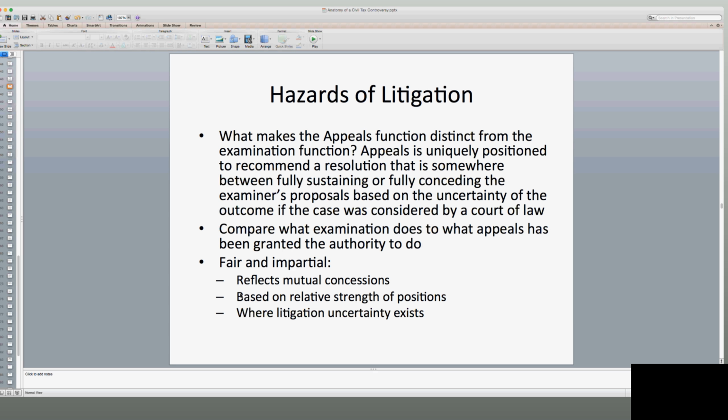They're not lawyers. Many have come from the examination division, yet they are still required to have some basic knowledge of the case law. And I will tell you up front that they don't. And it's your job to educate them on the case law.